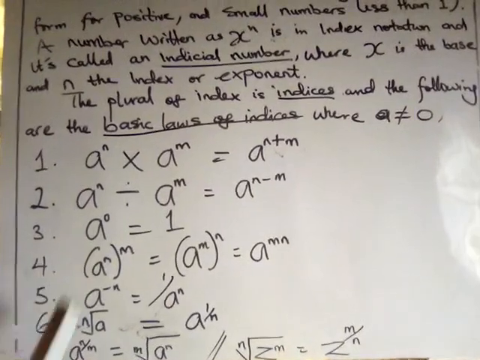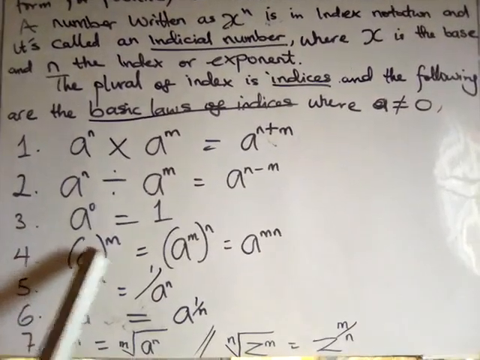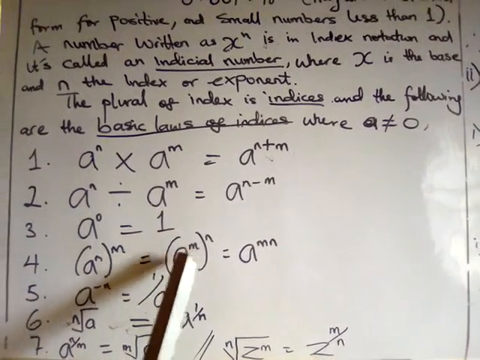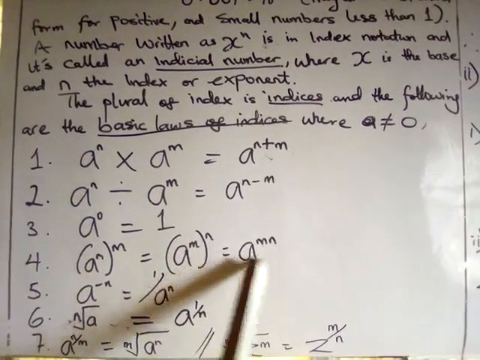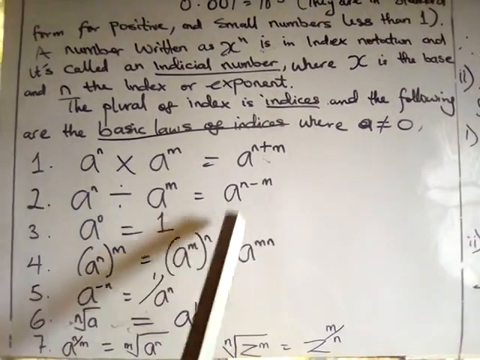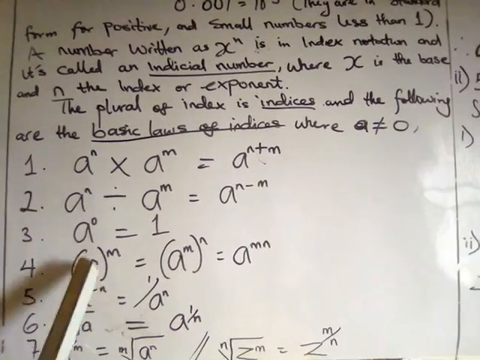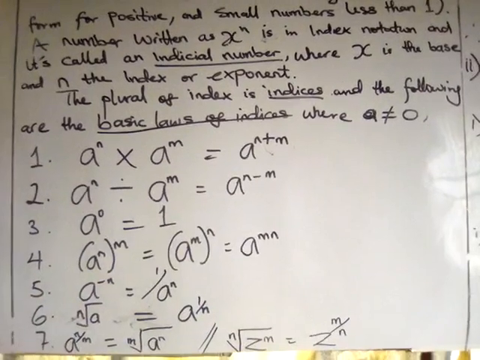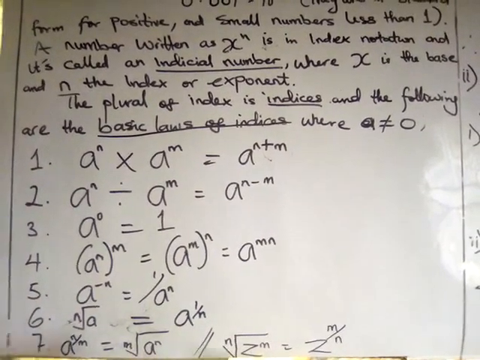This is open bracket a to the power n close bracket to the power m, which is equal to a to the power mn. It's just simply multiplying m times n. That's it. It's not like multiplication.